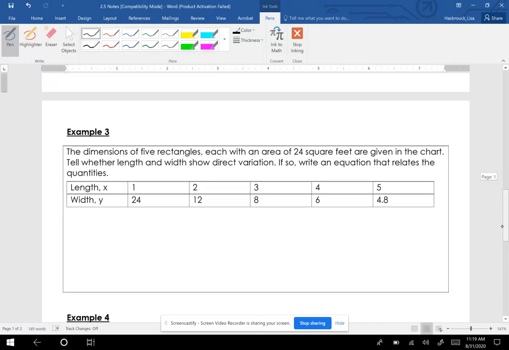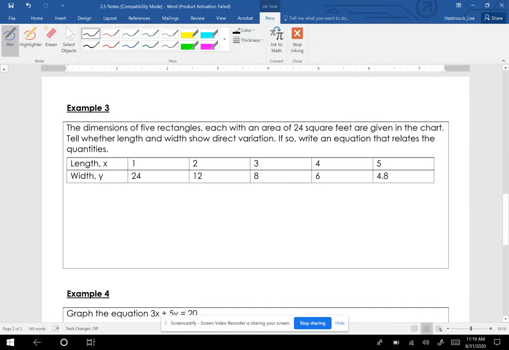In example 3, it says the dimensions of 5 rectangles, each with an area of 24 square feet, are given in the chart. Tell whether the length and width show direct variation. If so, write an equation that relates the quantities. So let's look at the differences in x and y. In x, we're going up by 1 each time.